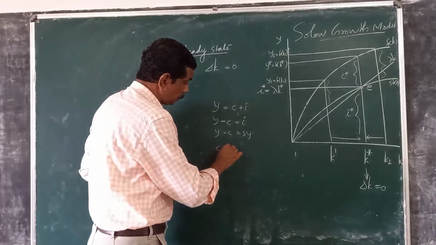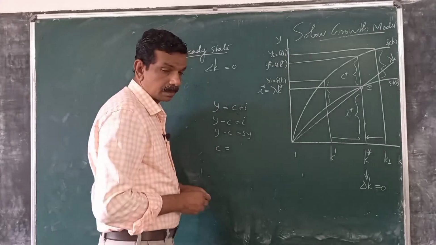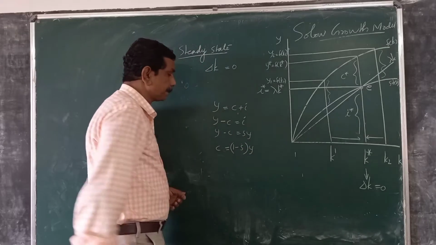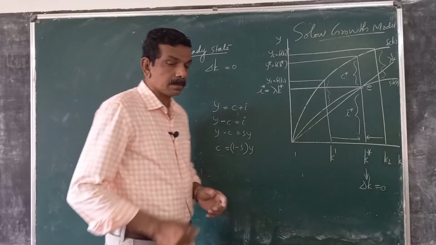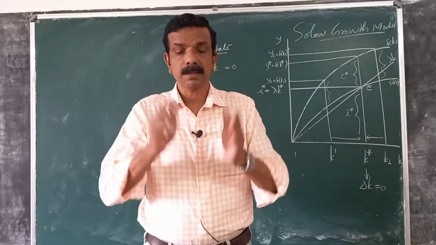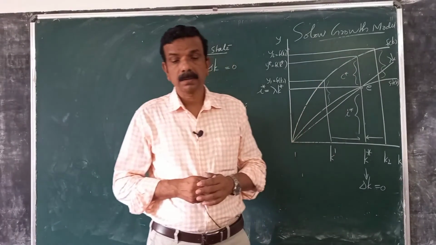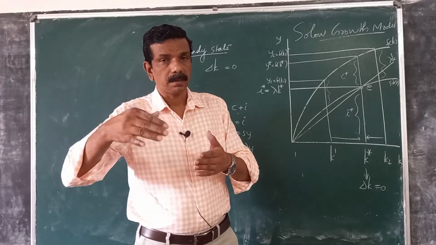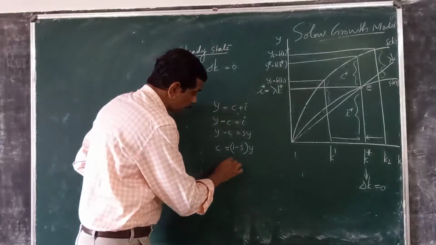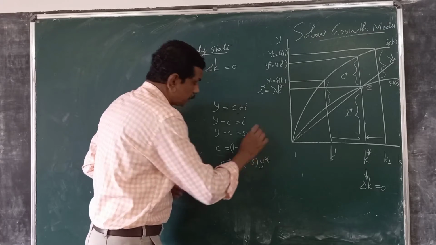So C is equal to (1 minus s) into Y. So, as income increases, consumption per worker C increases until it reaches the steady state. That is, C star is equal to (1 minus s) into Y star.